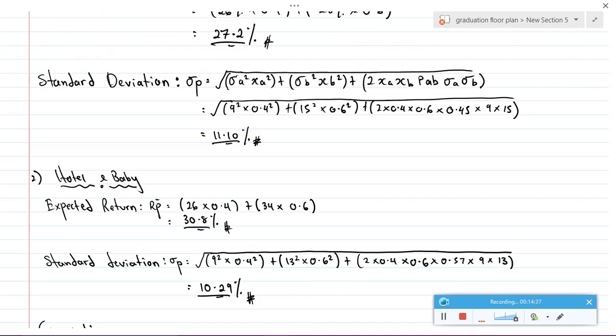Okay, we'll compare both. This has the higher return with lower risk. This is lower return with higher risk. So we go for hotel and baby.